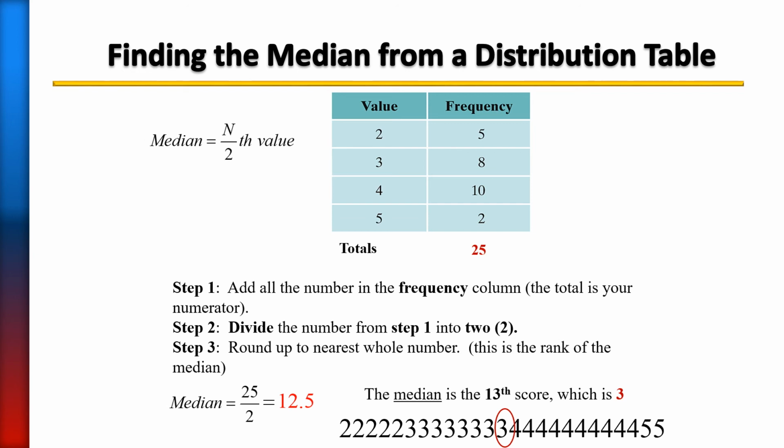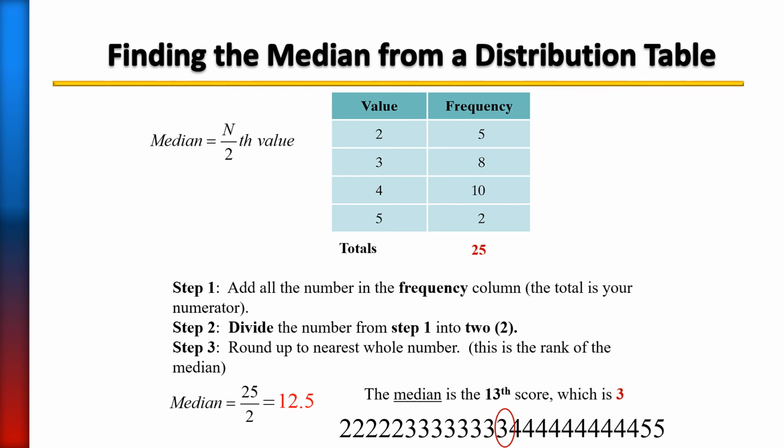And sure enough, if we count the positions 1, 2, 3, 4, 5, 6, 7, 8, 9, 10, 11, 12, 13, the 13th value is 3.